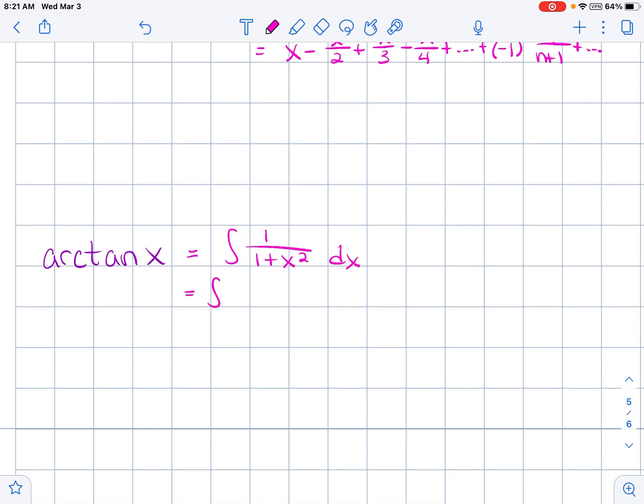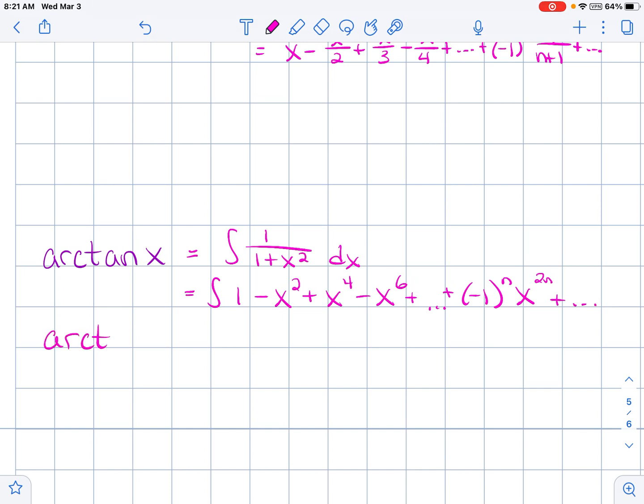So I know I just need to find the antiderivative of 1 minus x squared plus x to the 4th minus x to the 6th, negative 1 to the n, x to the 2n.